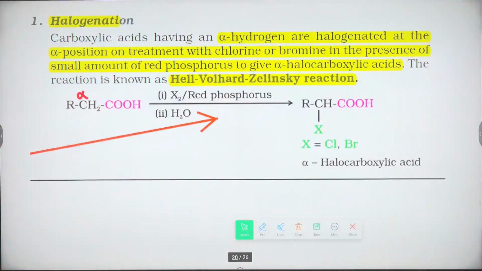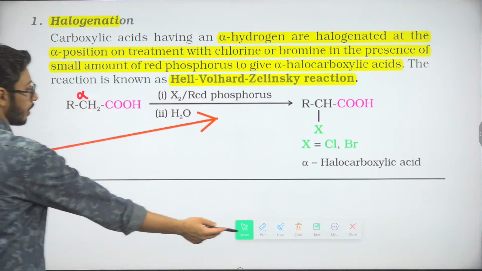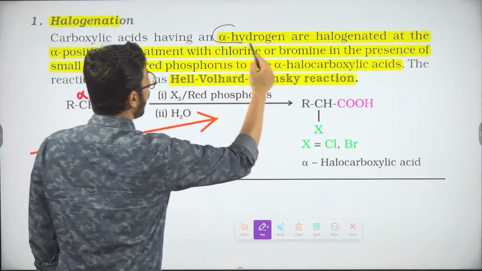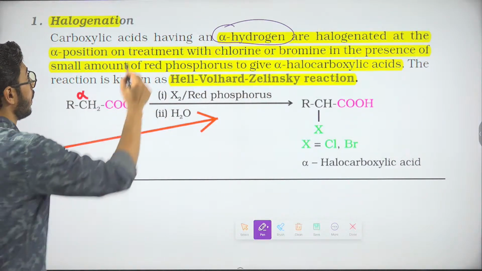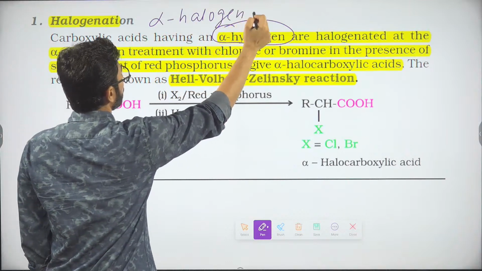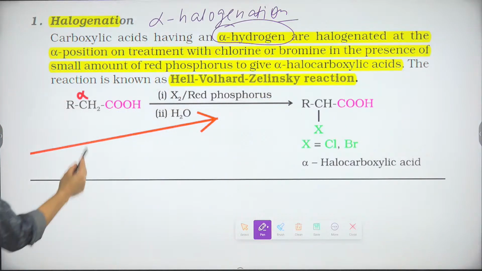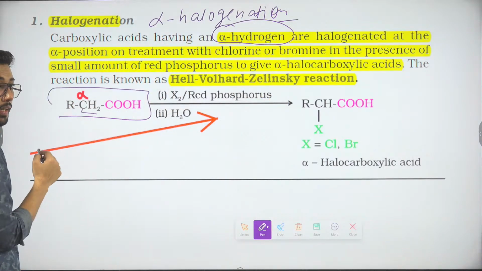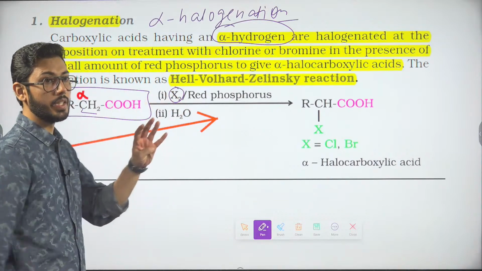Then name reaction in carboxylic acid, HVZ reaction. In this HVZ reaction, alpha hydrogen has to be there, or you can say it is which halogenation? Alpha halogenation reaction. What happens here? Carboxylic acid which contains alpha hydrogen reacts with halogen X2. X2 can be Cl2 or Br2.